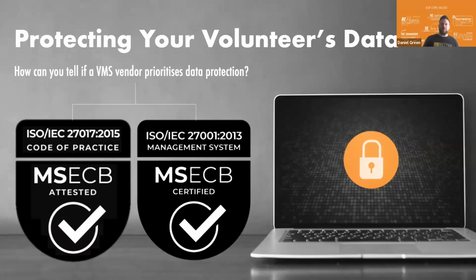ISO certification means that the VMS vendor respects all the best practices and principles enshrined in this international standard. Having the actual certificate rather than simply following guidelines is an important distinction, because it means the vendor has been audited by an independent body once a year to make sure all these standards are being met. You'll also be pleased to know that we are one of these vendors with ISO 27001, and we are also Cyber Essentials certified.